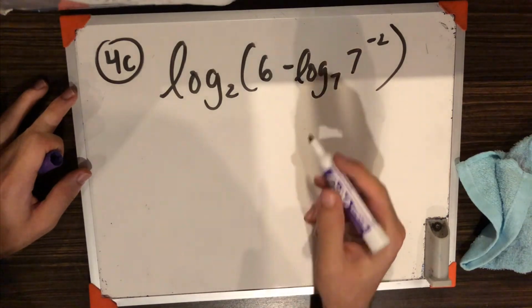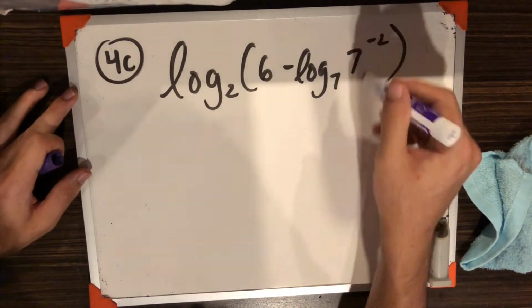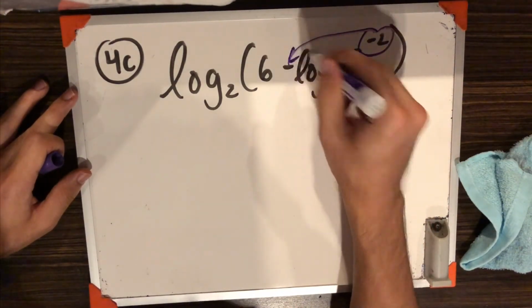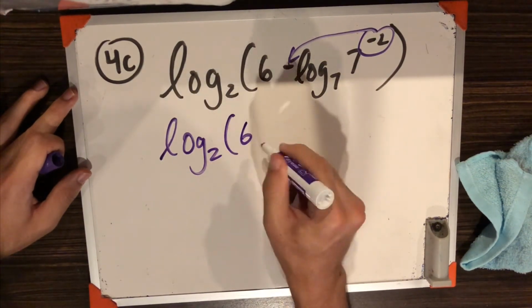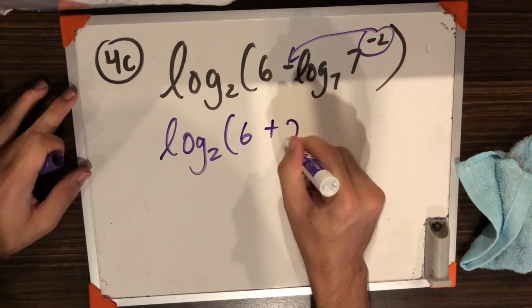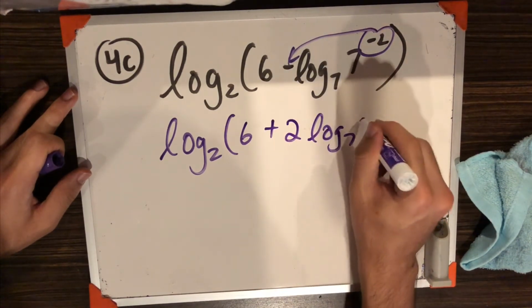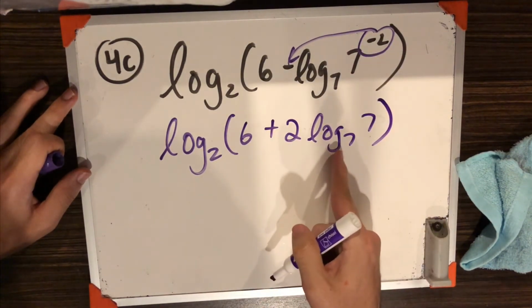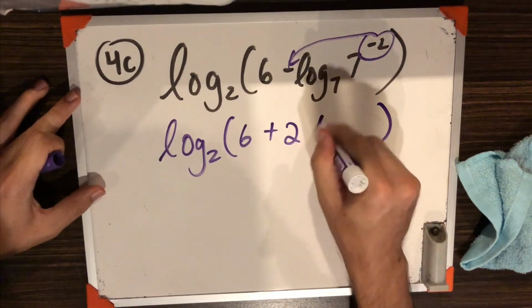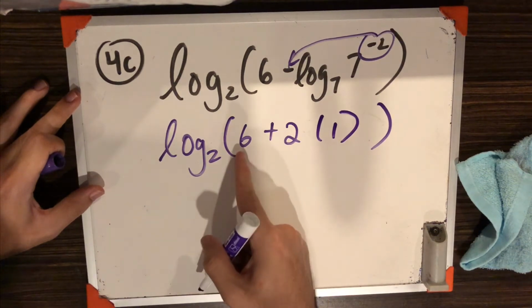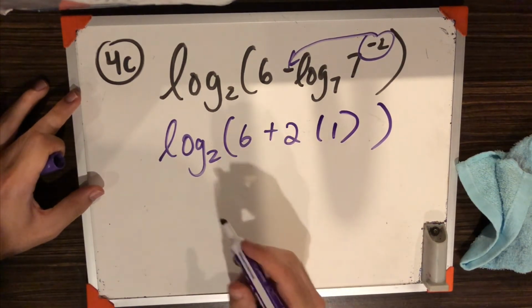4C. Again, let's do this part first. We're going to end up using power law. We'll bring that up front. Log base 2 of 6 plus 2 log base 7 of 7. Log base 7 of 7 is going to end up being 1. 6 plus 2 is 8.